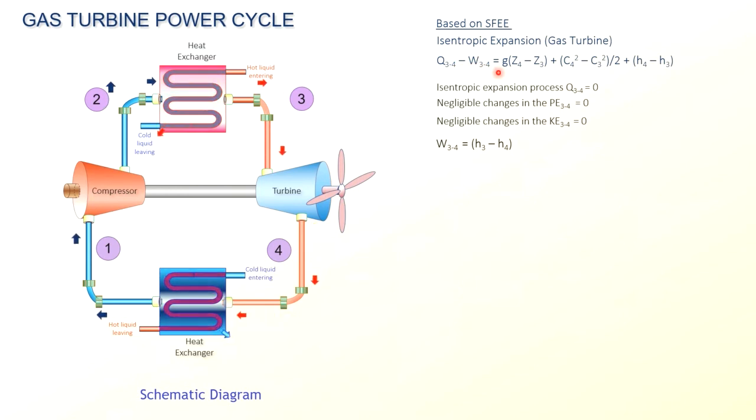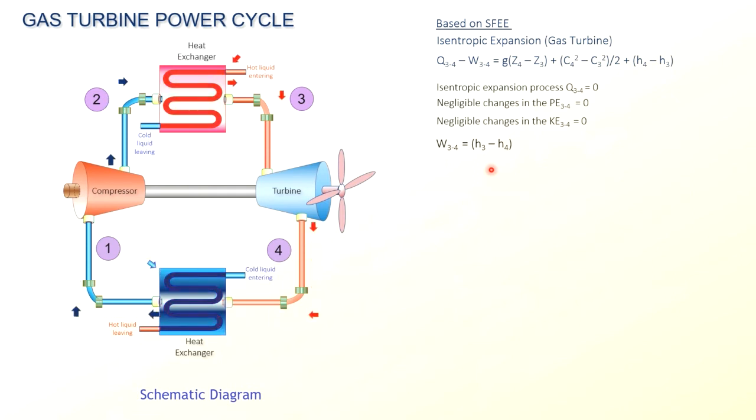Negative W34 equals H4 minus H3. If you manipulate the equation, the negative sign swaps H3 and H4. So this will give you the work output from the constant pressure cycle. H is enthalpy, U is internal energy.